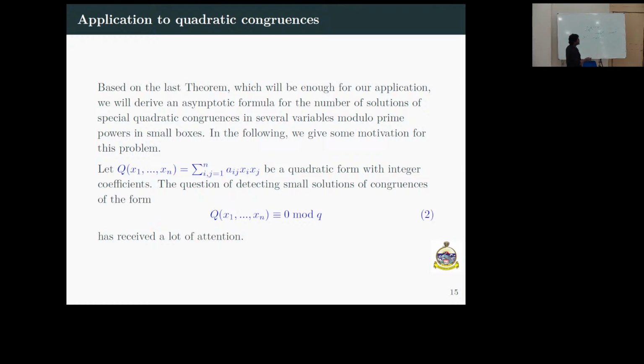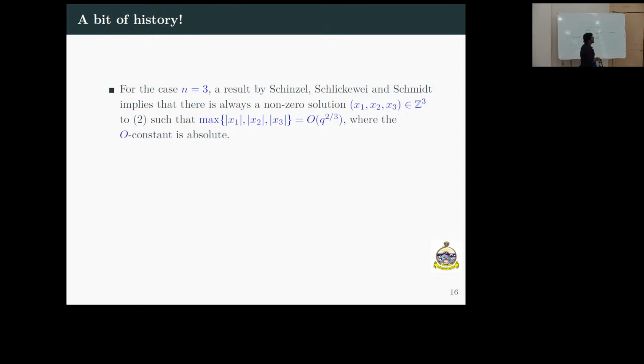So a bit of history: for the n equal to 3 case, that means the three variable case, from the result of Sneijden, Slikkeloe and Smith, one can show that there exists a non-zero solution in Z3 whenever the maximum of the xi's is less than or equal to some constant into q power 2 by 3. This is the same big O argument here.